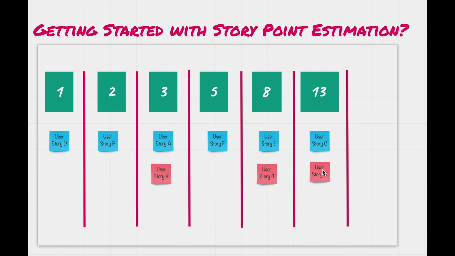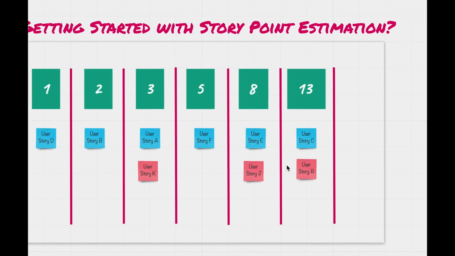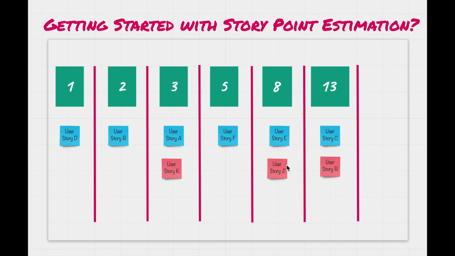So this exercise will help you to get started with story points. This will be really beneficial for the developers, because they have a tendency to work with hours, but then they will eventually get an idea to estimate in story points.